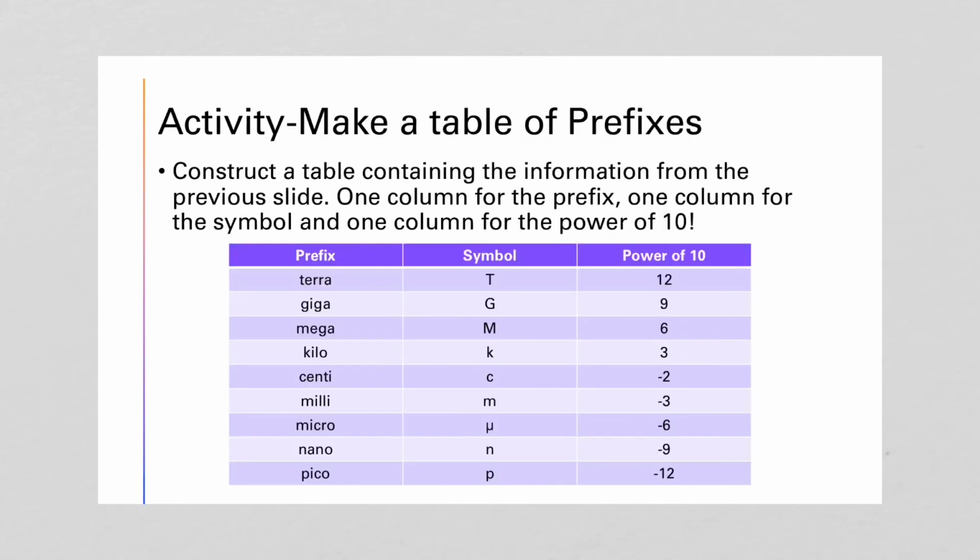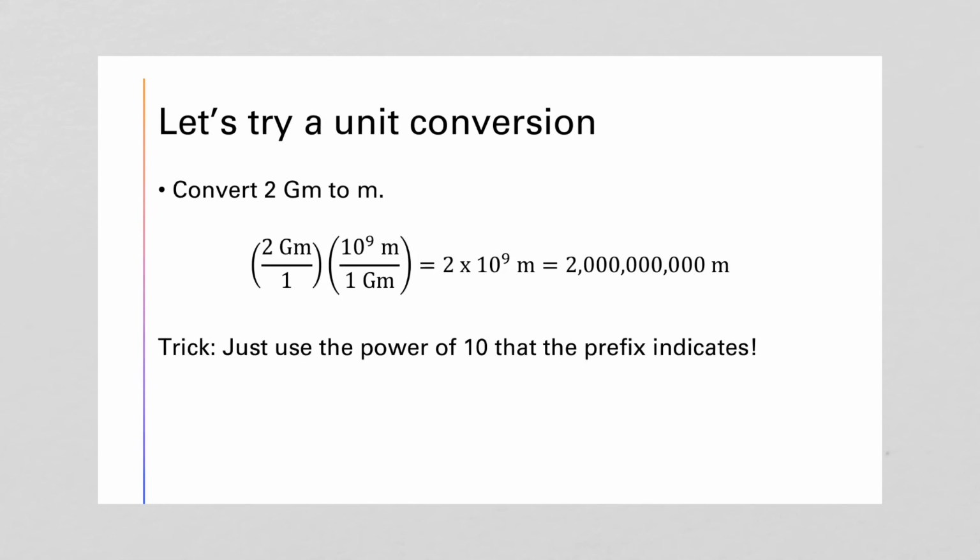So we know from our chart on the previous page that giga is just 10 to the 9, right? So we know that 1 gigameter is just 10 to the 9 meters. That way I can cancel out gigameters and I'm left with meters.